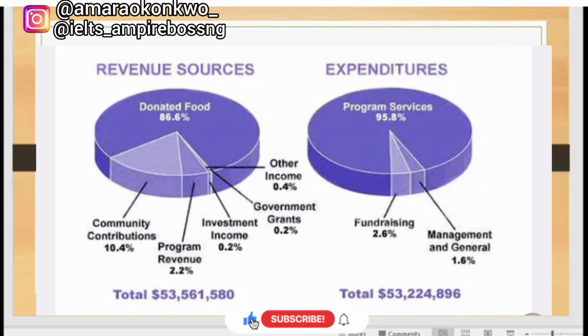Then for the expenditures, you can clearly see that 95.8% of their whole money was spent on program services. So it's very clear. These are obvious things. Then the rest was on fundraising, management, and general activities, 1.8%.